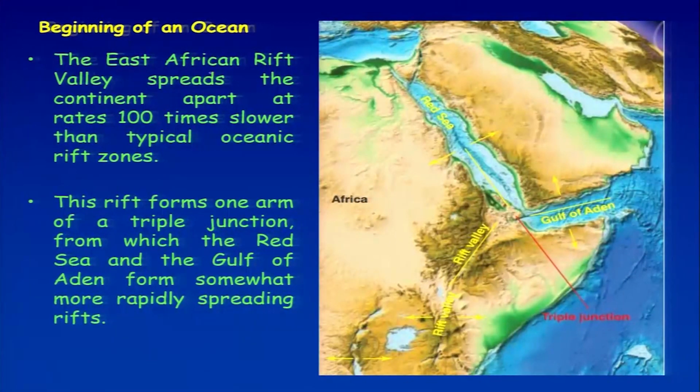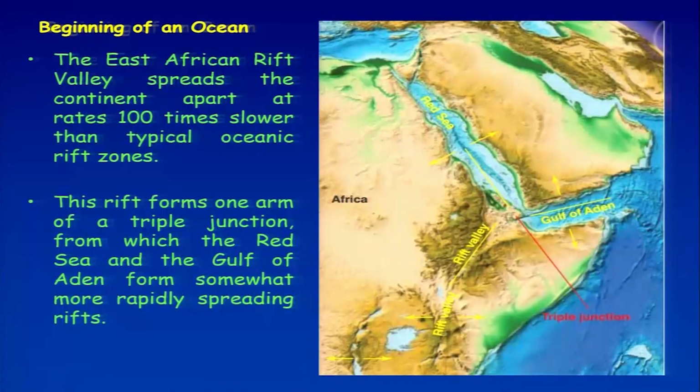So the East African Rift Valley spreads the continent apart at a rate around 100 times slower than typical ocean rift zones. So this process along the African Rift Valley is very slow, but recently it became evident that some areas in this region have split apart.